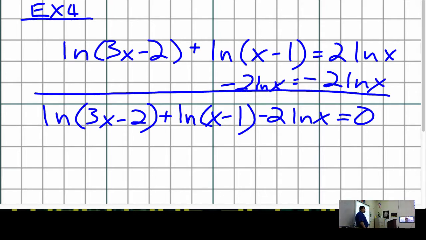There's one way we could solve this using exponential functions, but since on the last function we did it graphically, how would I enter that into my graphing calculator and solve? I just enter that in as a function and then look for the x-intercept. That's the 0 of the function.